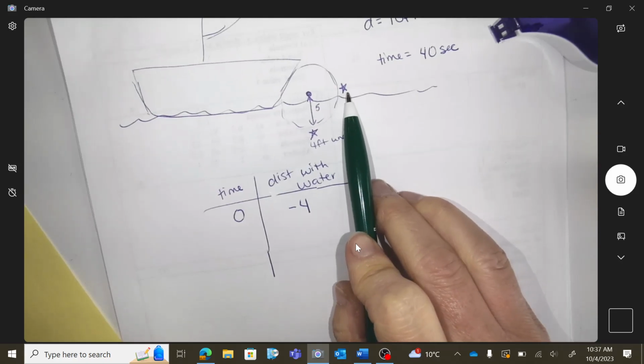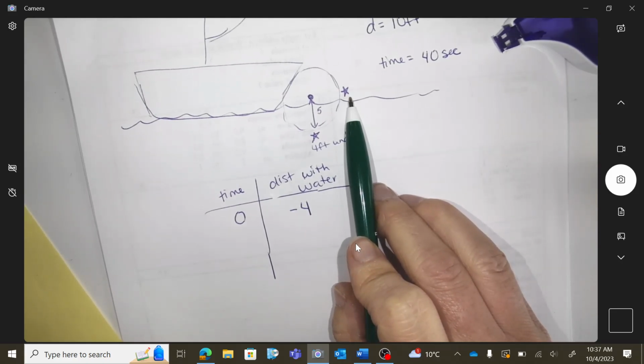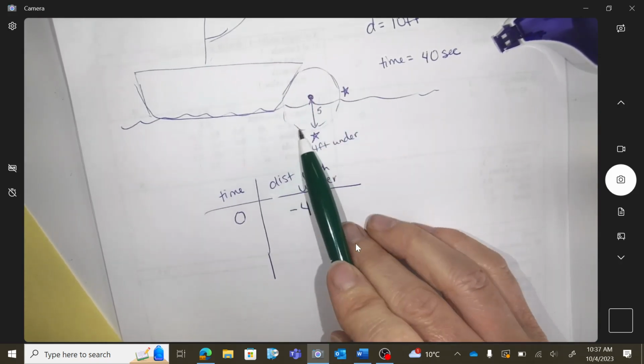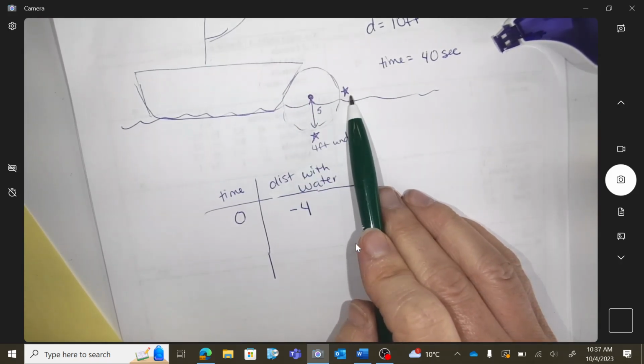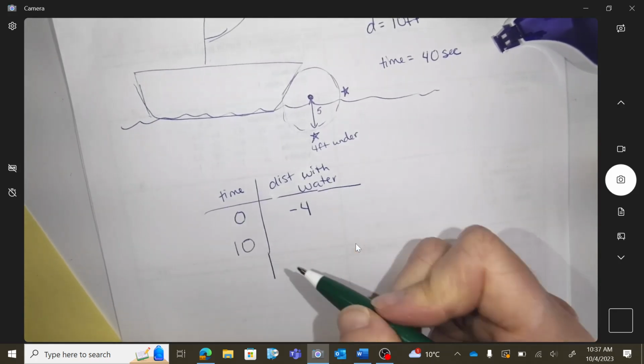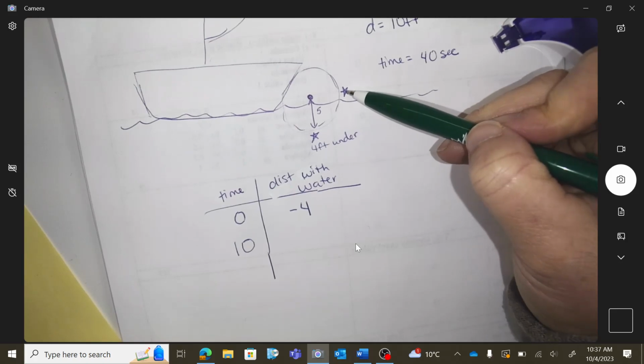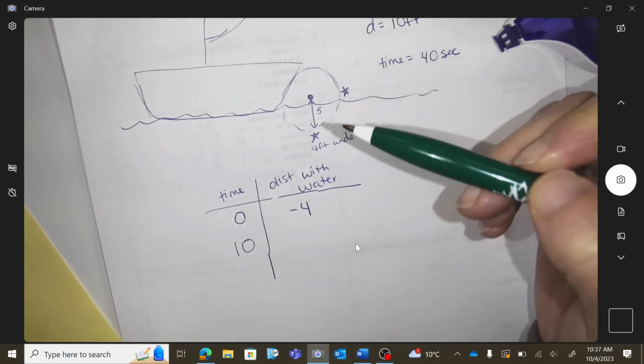It took me 40 seconds to go all the way around. I'm at 10 seconds. What's my distance with the water line? 1, yep.